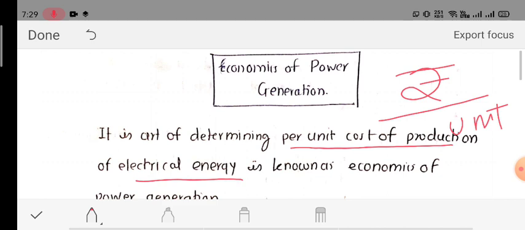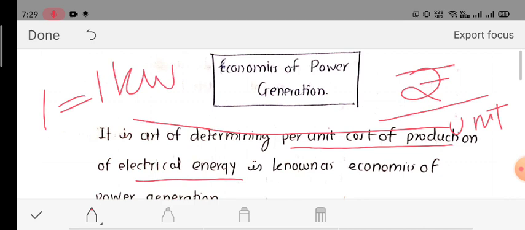We know that 1 unit equals 1 kilowatt hour. So how much you are investing for generating power is nothing but your economics of power generation.